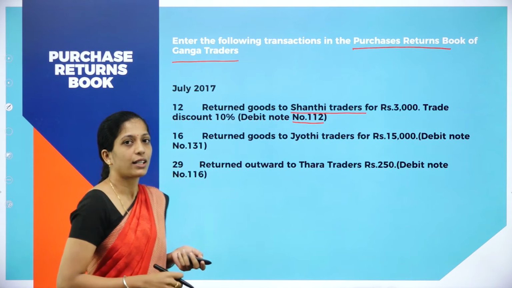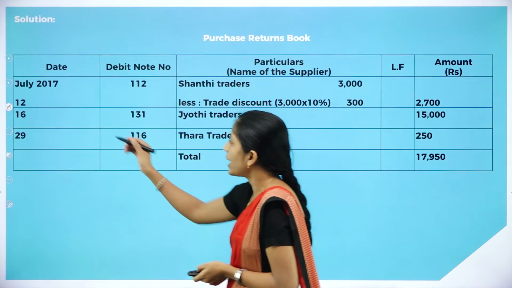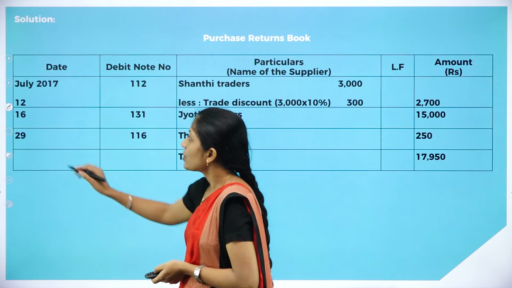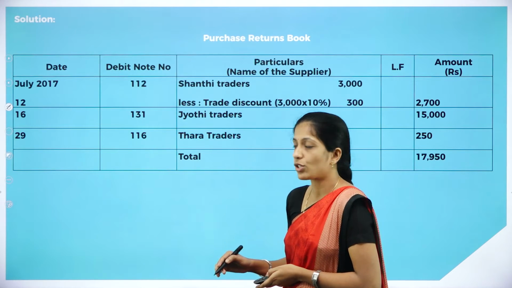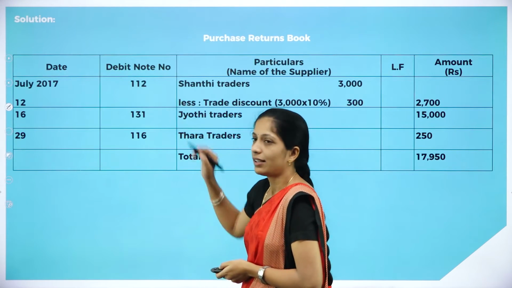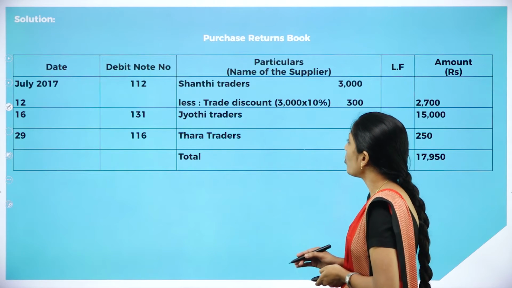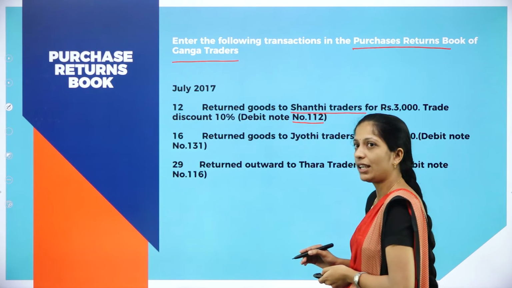Now how to record? First we have to record the date. So what is the date? That is 12th July 2017. Debit note number, so they have given debit note number 112. So we'll record that debit note number. The name of the supplier. Now who is the supplier here? That is Shanti Traders.